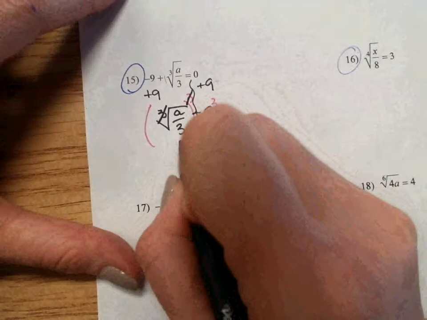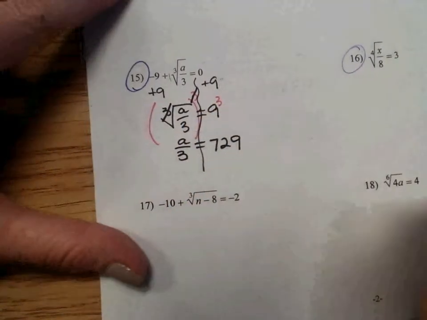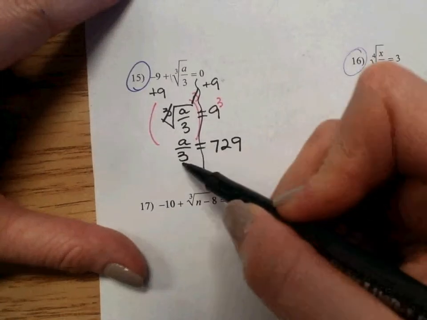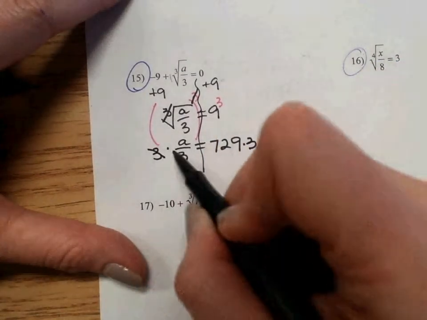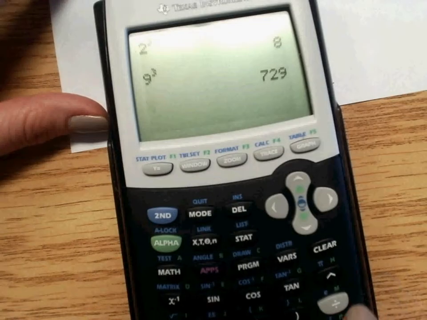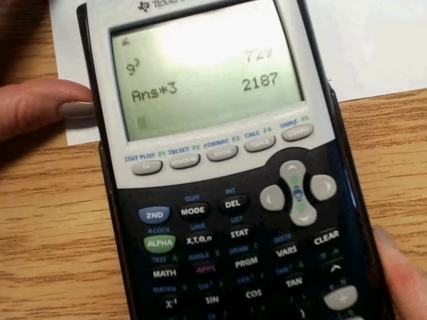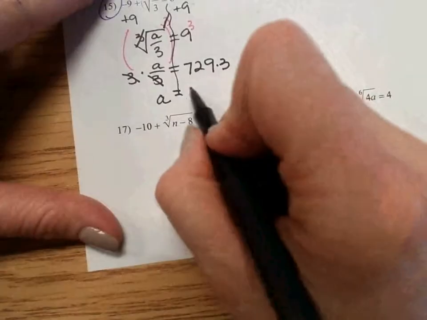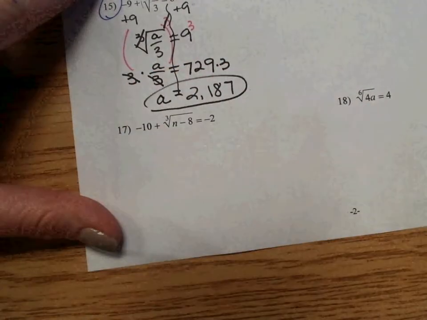So that cancels those out. I have a over 3 equals 729. Last step, a over 3 means a divided by 3, so I'm multiplying both sides by 3. These cancel out. A equals 729 times 3, which is 2,187. That is my answer.